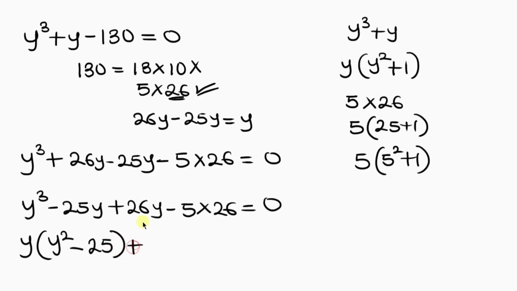Plus, now from these other terms, you notice that 26 is common. So I'm going to be factoring out 26, open bracket, 26y divided by 26, I have y, minus 5 times 26 divided by 26, I have 5. Very good. And this is equal to 0.